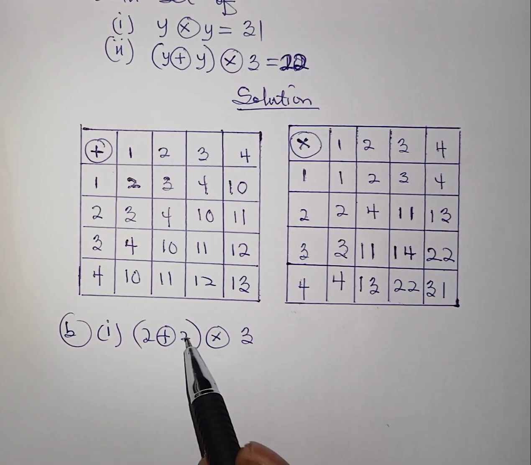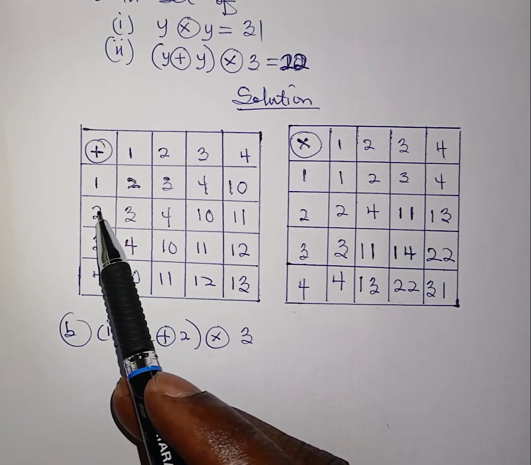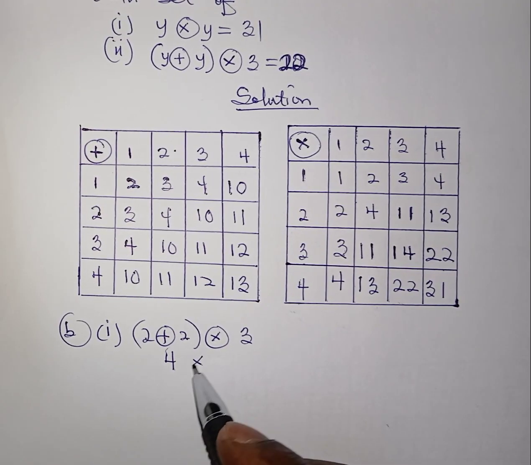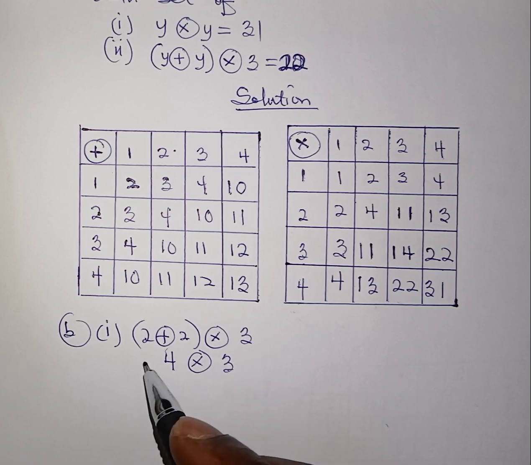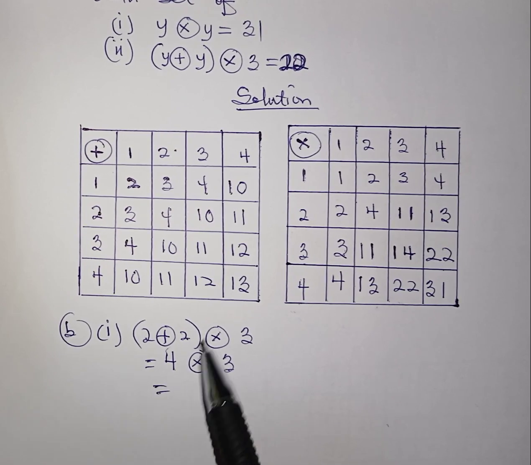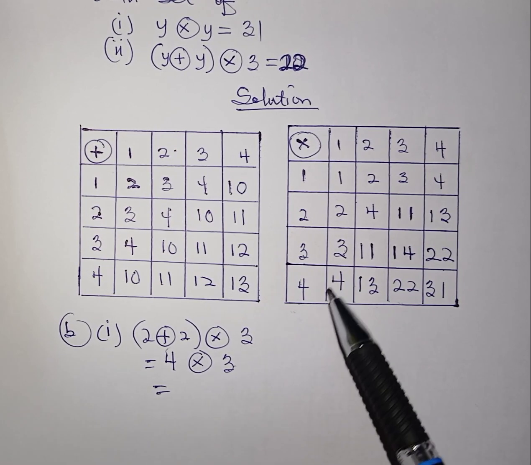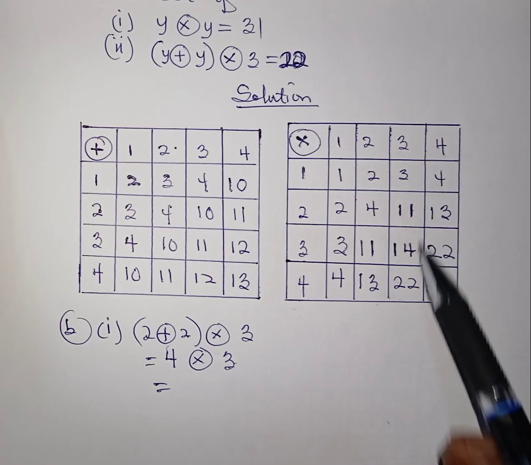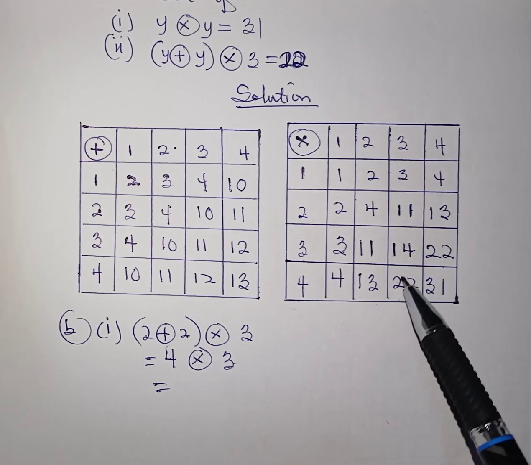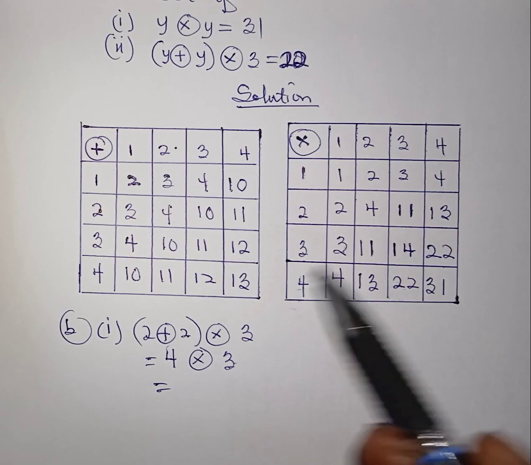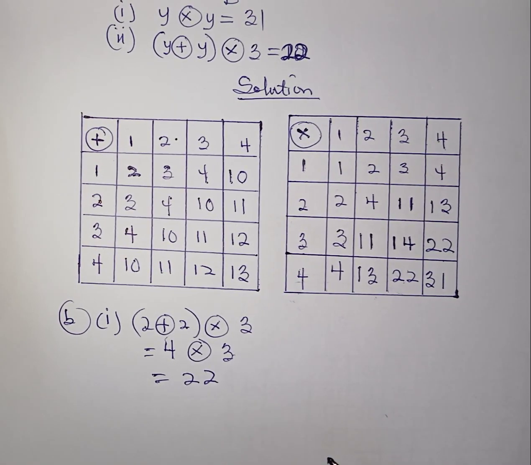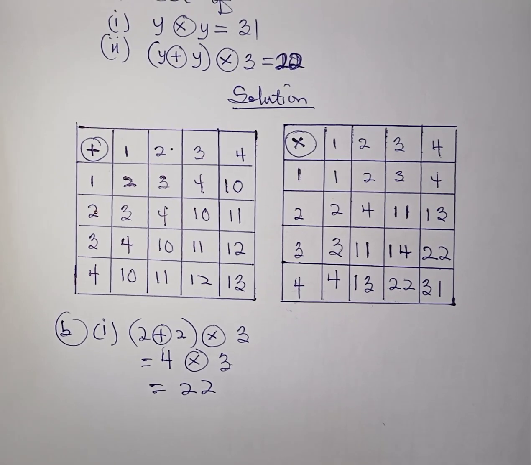So 2 plus 2 is 4. Then I'll bring my times 3. Now 4 times 3, so where is my 4? This is 4. And where is my 3? This is 3. So it means here and that. So 4 times 3 gives me 22.